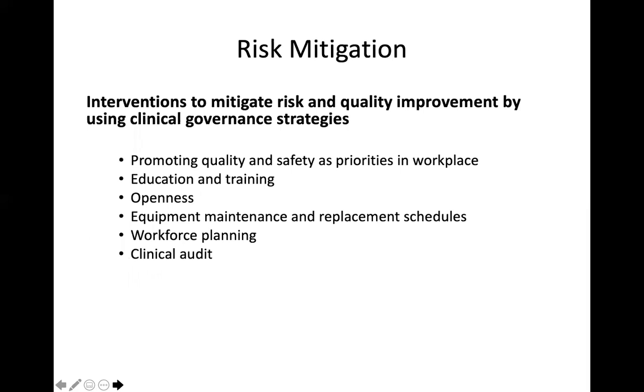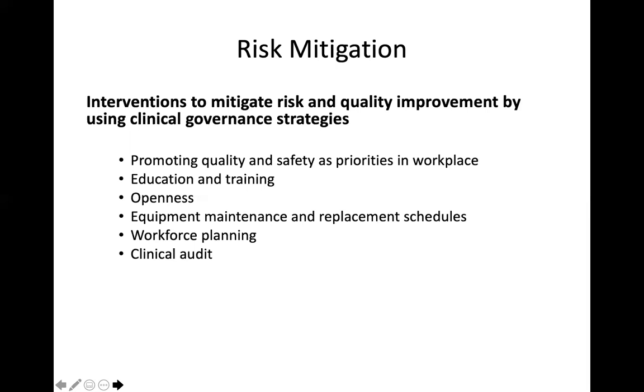Now I'm going to speak about interventions to mitigate risk and improve quality by using clinical governance strategies, which are promoting quality and safety as priorities in the workplace, and education and training. It helps to improve and refresh basic skills and knowledge.